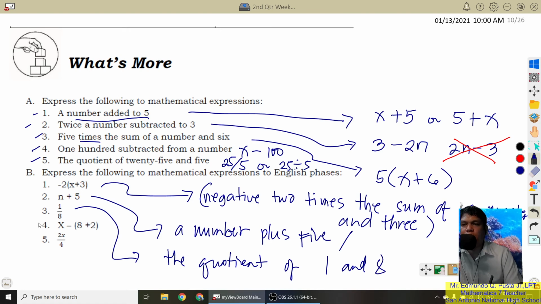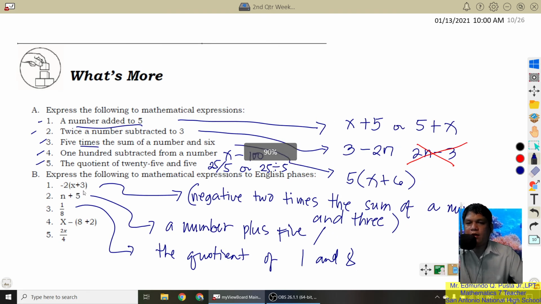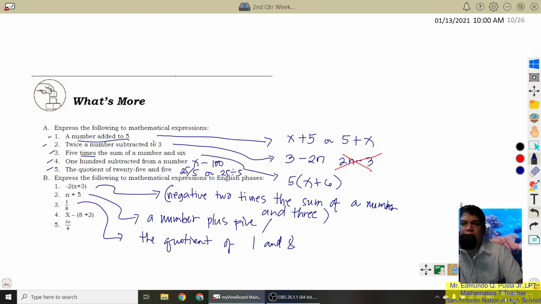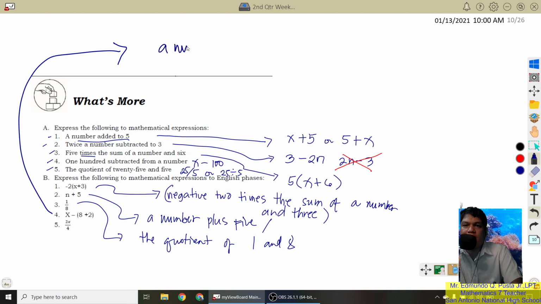Okay, how about ito? Yung nasa number 4. Iano ko lang para magkasya tayo. Dito tayo. Okay? Sagutin natin doon. So we have a number, ay hindi, we can say pabaliktad naman. Okay?